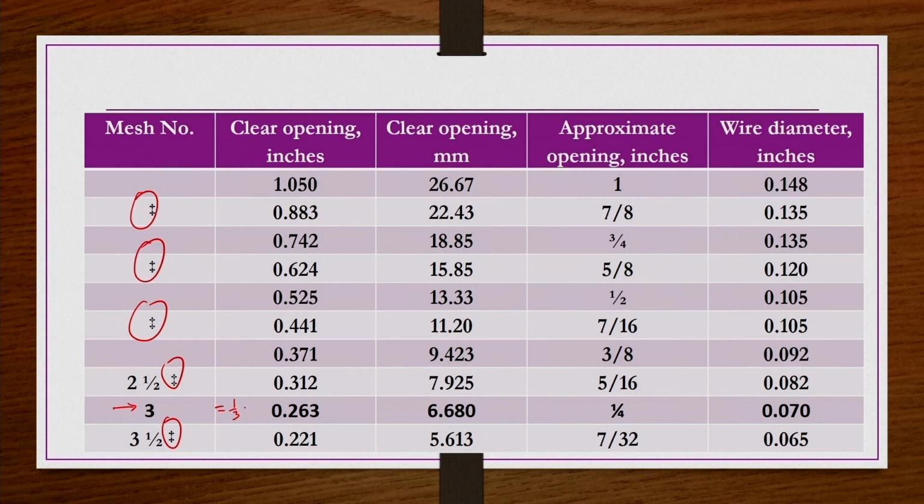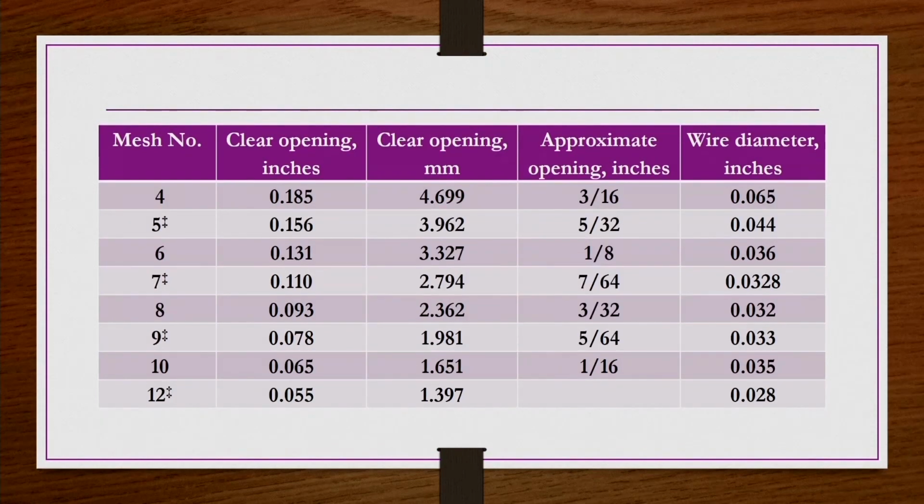So, 1 by 3 minus the wire diameter used for constructing this 3 mesh, which is 0.07. That value is 1.333 minus 0.07. If you do, you will get 0.263. The same thing if you convert in mm, you will get 6.68, right. Let us say mesh 4 is there.